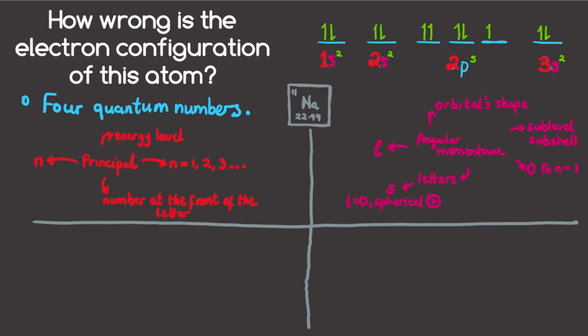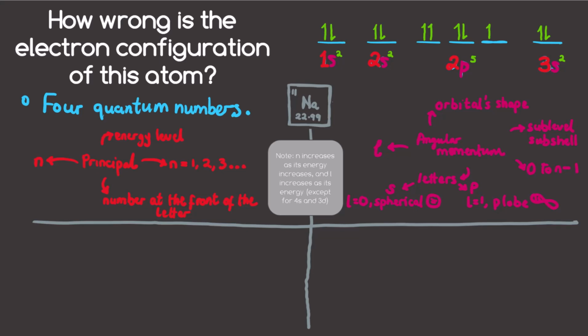On the electron configuration, these are represented as letters, where l equals 0 is spherical, which represents s, and l equal to 1 is p, with lobed orbitals. Note that energy increases as n increases, and as l increases, except for the 4s and the 3d.